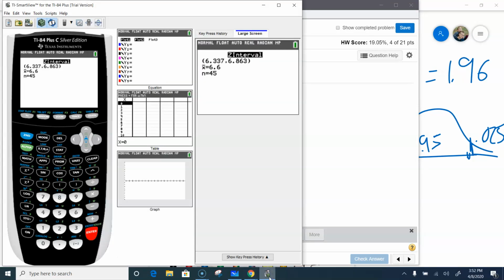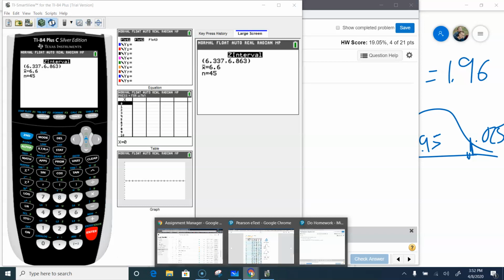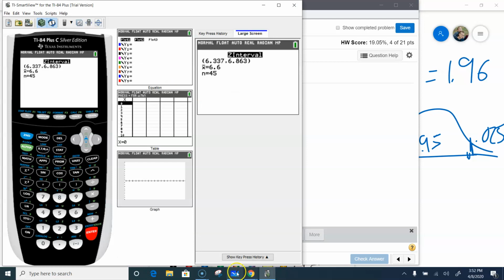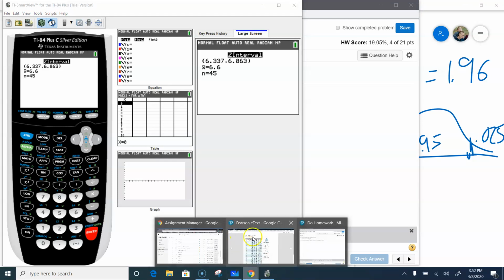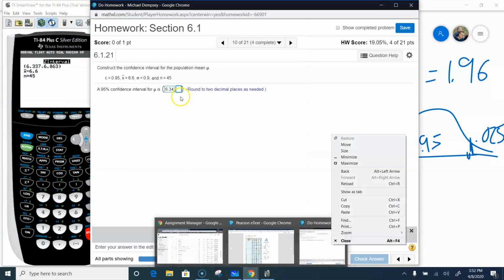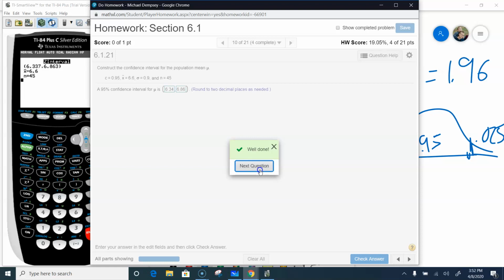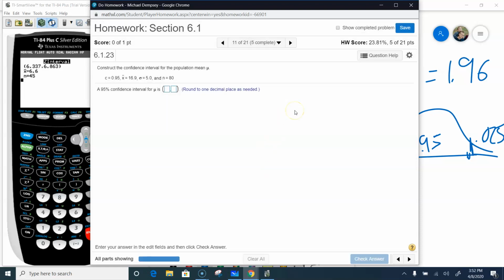Two decimal places, so 6.34 to 6.86. Check our answer out. I like it. So the calculator will be pretty helpful to you there.